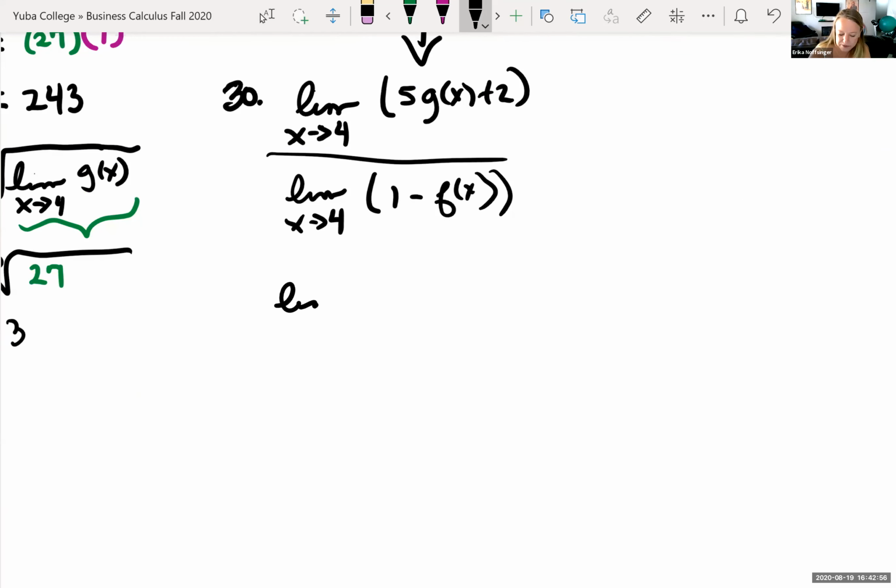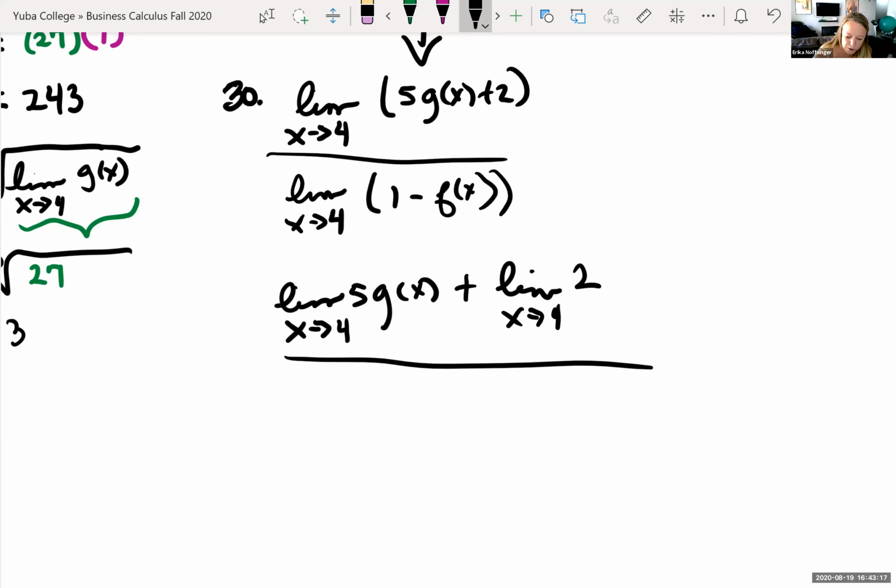I am showing these steps step by step, but normally I would not do this. I could simplify and do this without. So limit as x approaches 4 of 5 times g of x plus the limit as x approaches 4 of 2, that's just the numerator, all over the limit as x approaches 4 of 1 minus the limit as x approaches 4 of f of x.